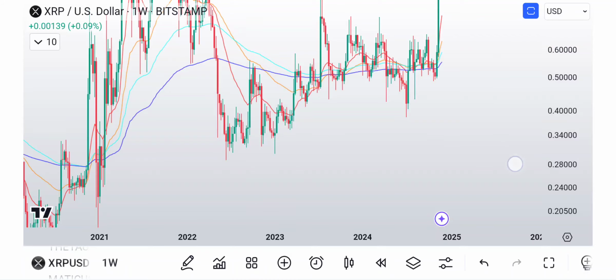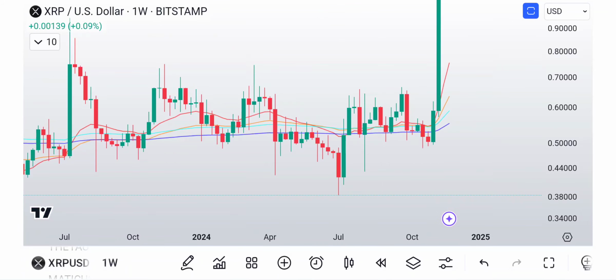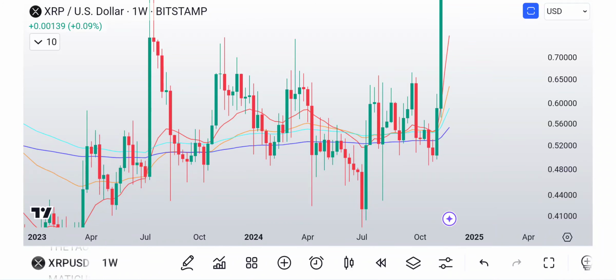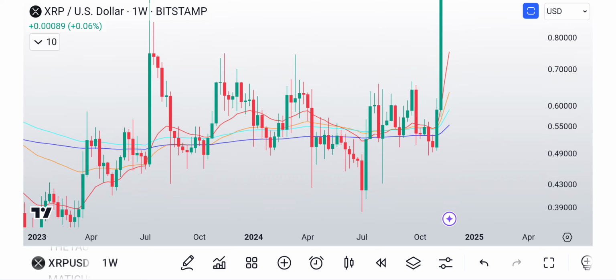Now let's look at that compression. XRP has been compressed a long time. That's why I've been saying so for months. Someone said, hey, I saw your video from 8 months ago, and I'm saying the same thing I am now.